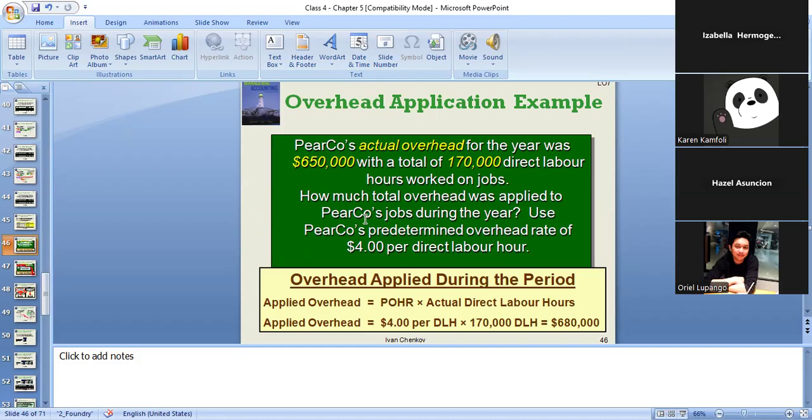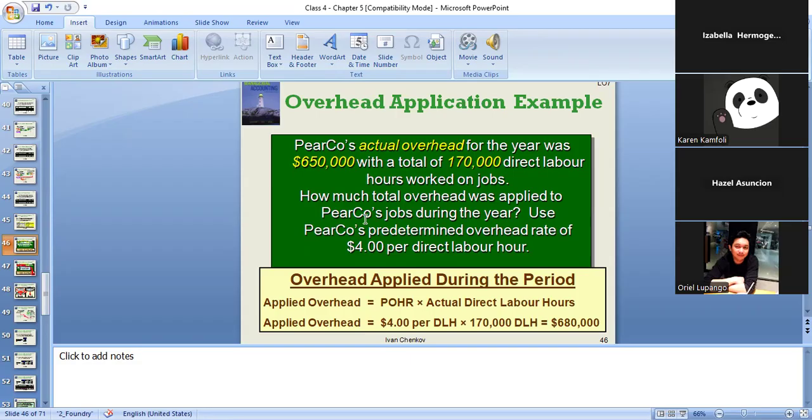So we have actual 650. The question is what we have on the other side of the account. Well, on the other side of the account, we're applying overhead based on the actual hours times the predetermined overhead. Actual hours 170,000. We're applying $4 for every hour. That means we apply 680.